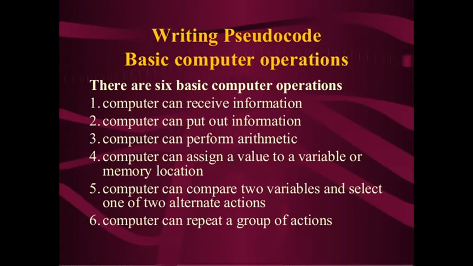There are six basic computer operations. These are receive information, provide output, perform arithmetic operations, assign variables or memory location, comparison between two variables, and looping. That is repeat of a group of actions.